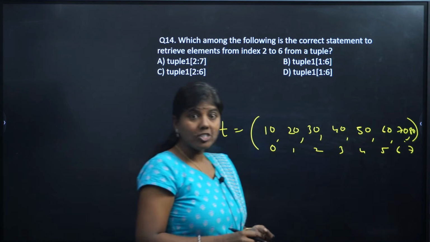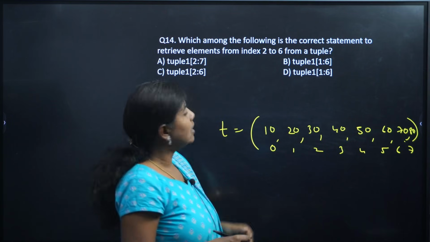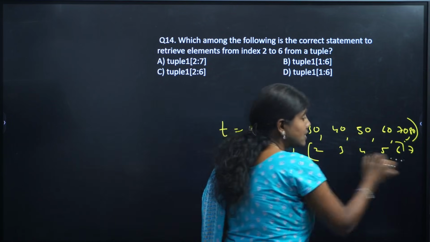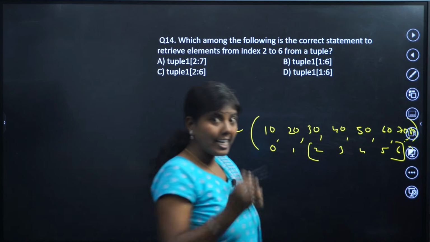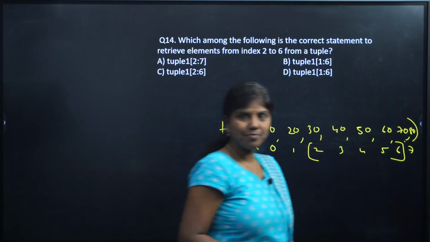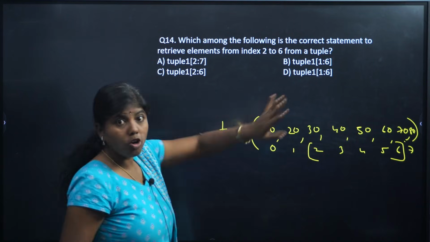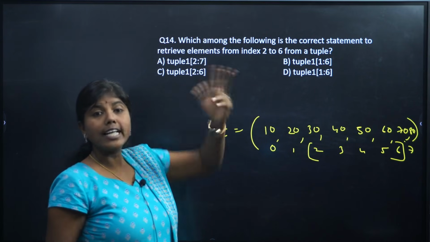What are they telling? Which among the following is the correct statement to retrieve the elements from index 2 to 6. I have to extract this now. That means I should include this, not this. Only till 6, then 2 to 6 is definitely wrong. Remember, the top value excludes that value.